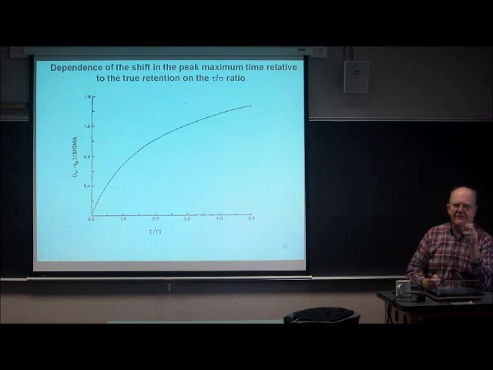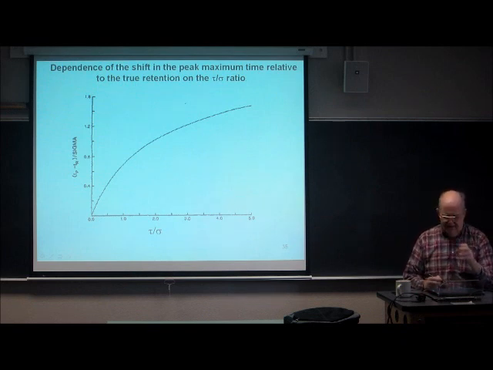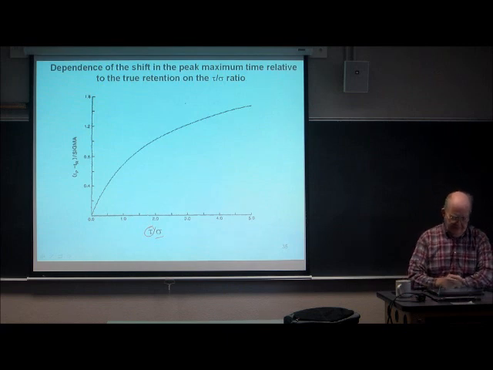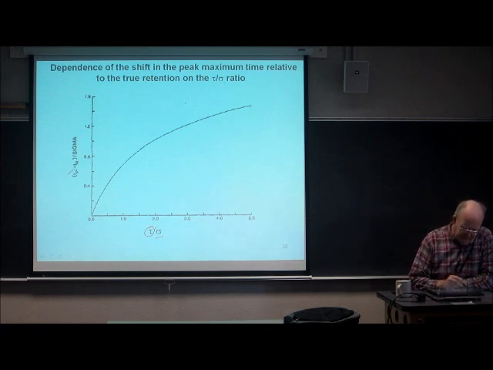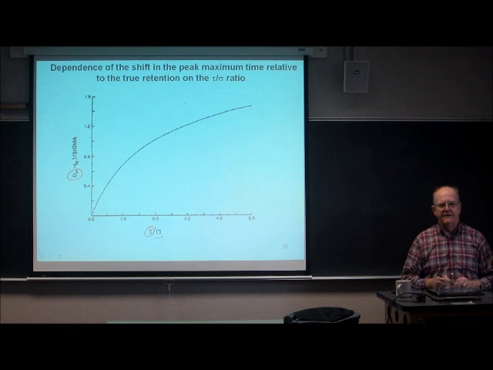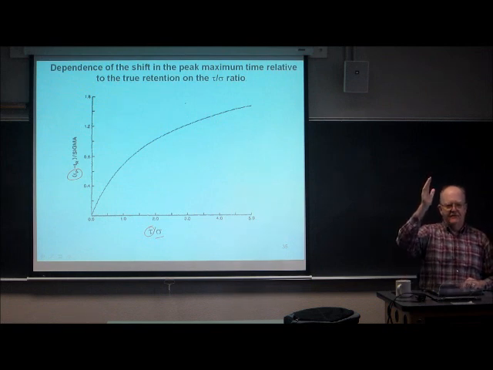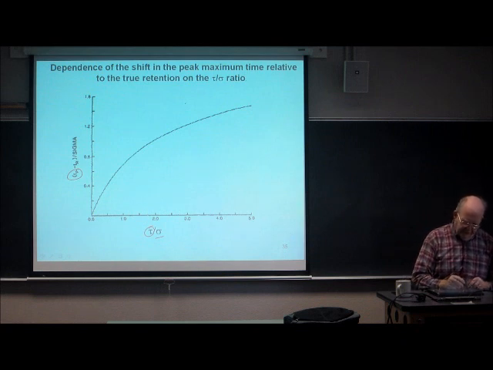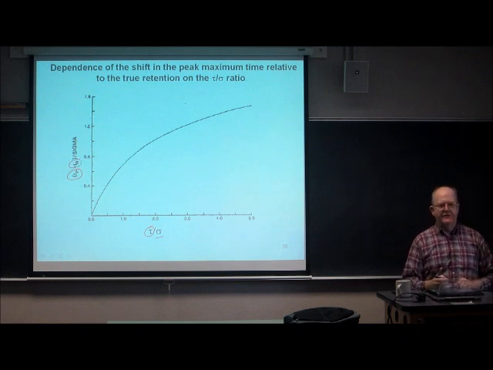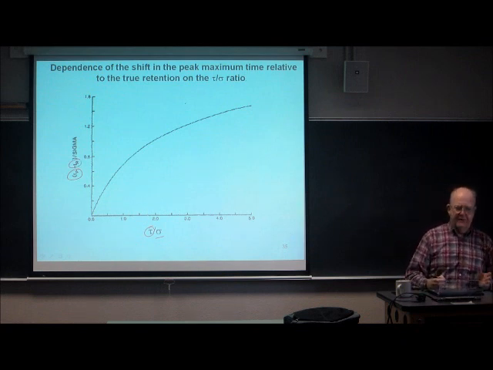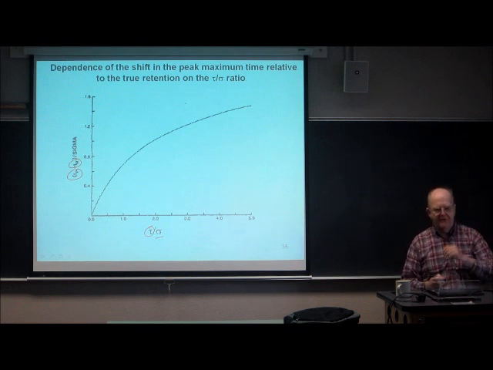The peak maximum will shift as you increase tau relative to sigma. So this is the difference between the position of the peak apex, the top of the peak, and the true retention time if you had a zero time constant relative to sigma.